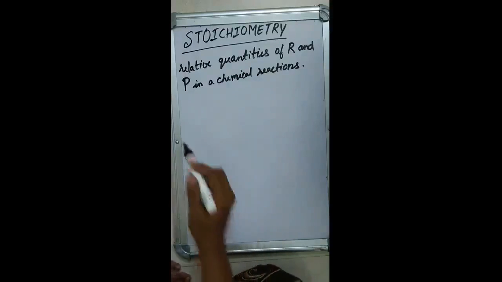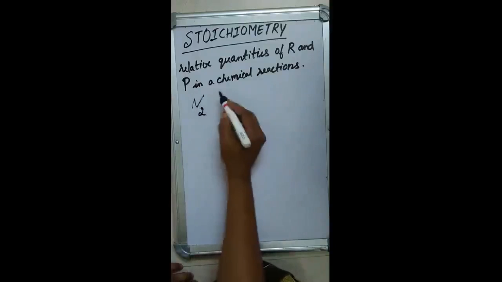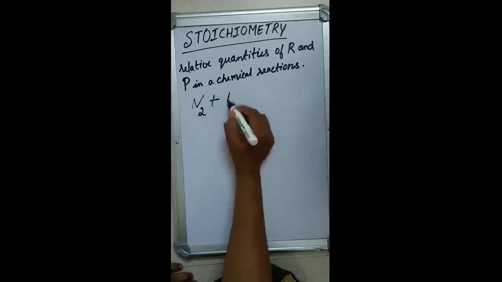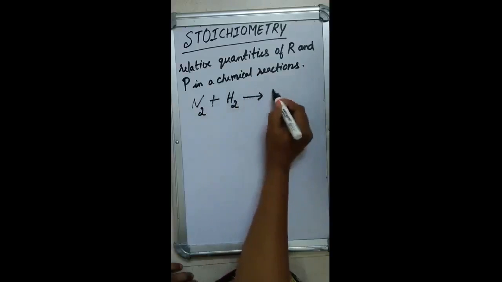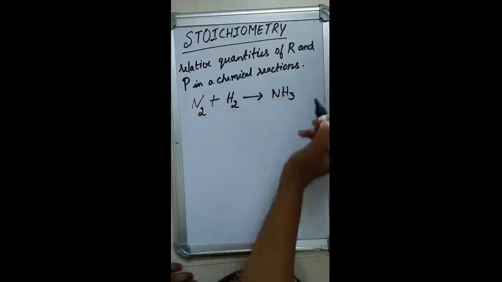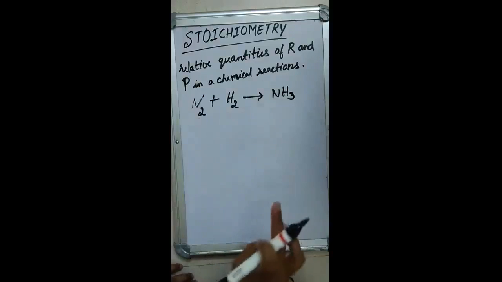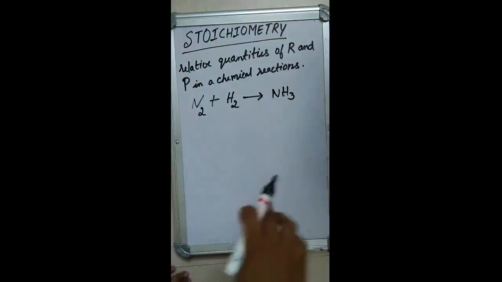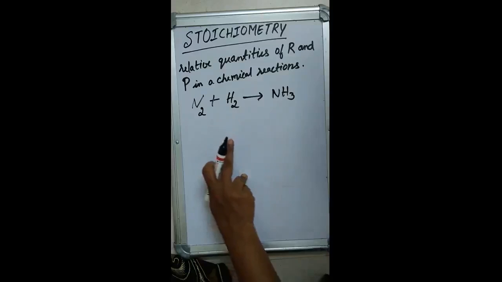Suppose I want to write an equation: nitrogen, when it reacts with hydrogen, gives ammonia as a product. So, reactant and product. Now, what is the meaning of relative quantities of reactant and product?